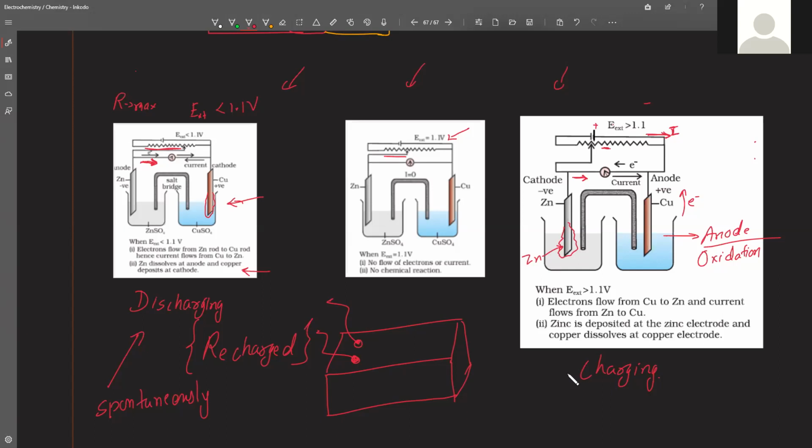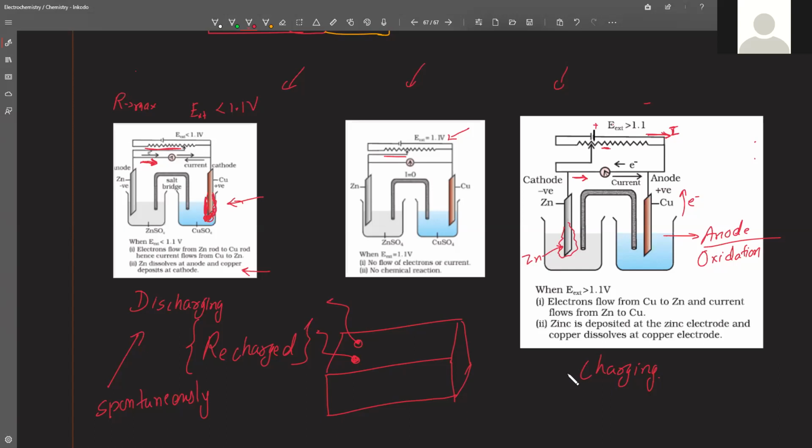The ions from the zinc sulfate will get consumed, and the ions from the copper sulfate will get consumed, and they will all get deposited on the copper electrode, right? This is what is happening here. All these copper ions will ultimately get accumulated here.